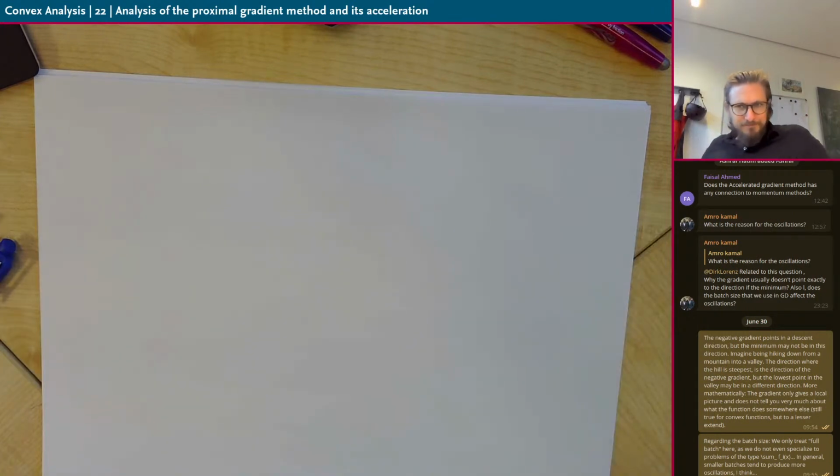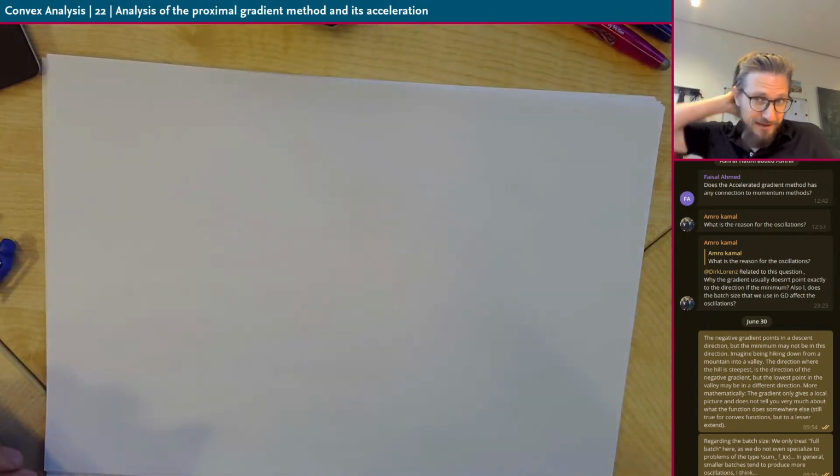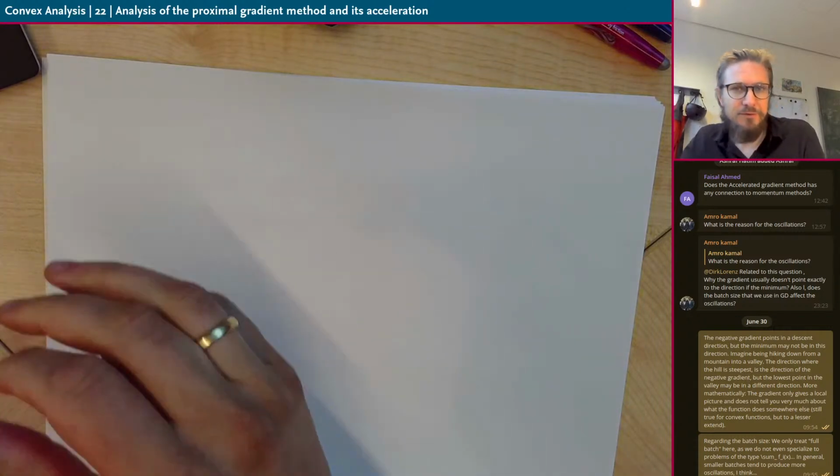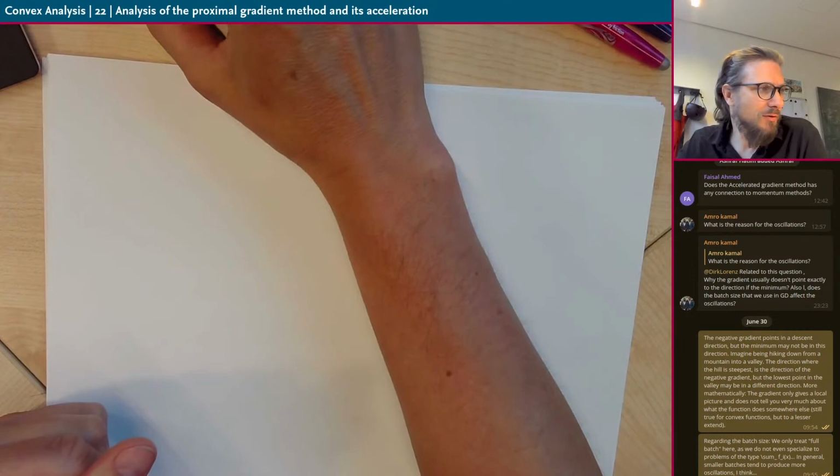Okay, so yesterday we had these two proofs of convergence of the accelerated scheme for gradient descent. And today we're going to talk about one quite important extension of the method.